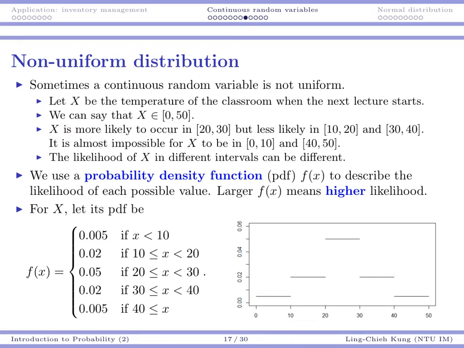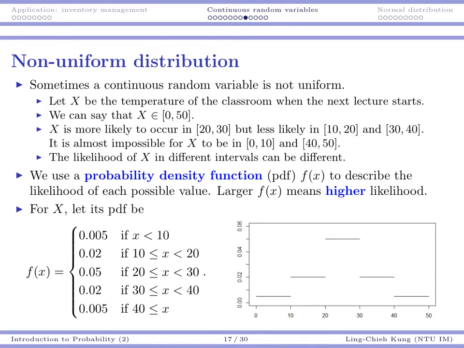Technically, we need to introduce the following concept. We use something called a probability density function, abbreviated as PDF, to describe the likelihood of all those possible values. So we use this notation f(x) to do the description.